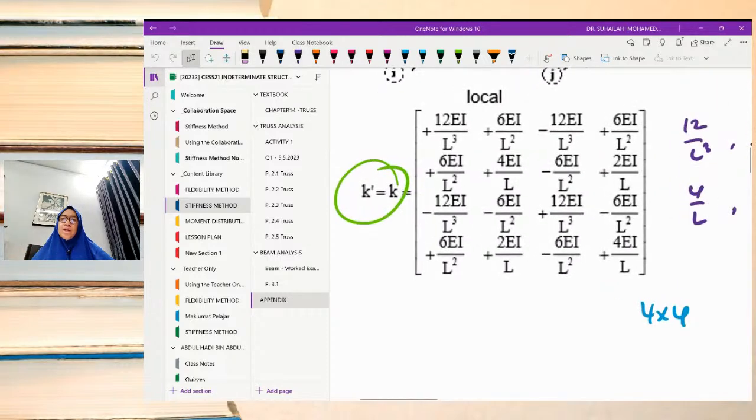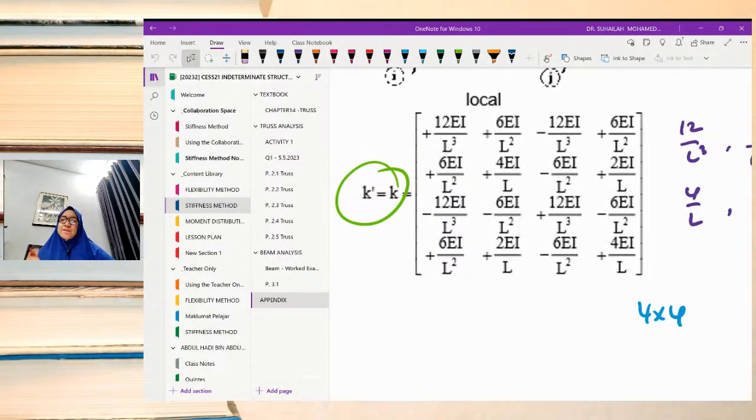This is the formula for element stiffness matrix for beam, where EI is put outside the matrix as a constant. So we calculate the K value based on the member length only.